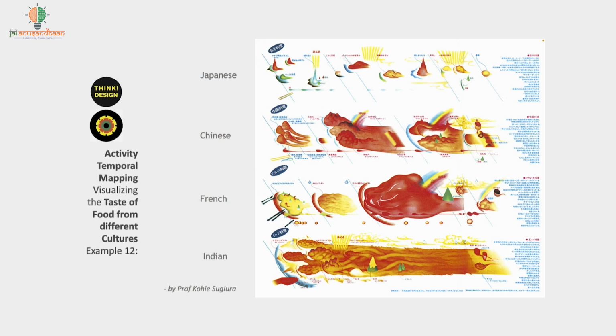This is again an extremely interesting map by Professor Kohei Sugiura. He was a great graphic designer, and what he has done interestingly is that he has been able to map the eating of food, especially with respect to different types of food. On the top is the Japanese food, followed by the Chinese food, the French food and the Indian food. We can start with the Indian food.